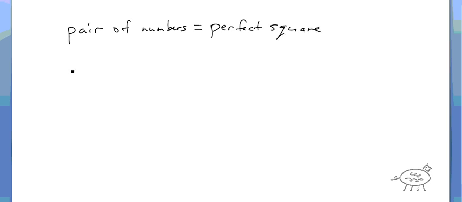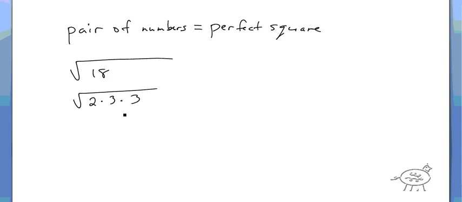So in other words, if I have the square root of 18, that's equal to, and I'm going to break it up as simply as I can, 18, isn't that 2 times 3 times 3? These are all prime numbers, and a prime number means you can't break it up any more than that.